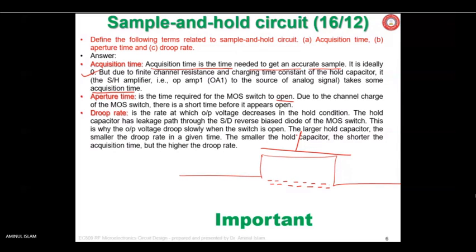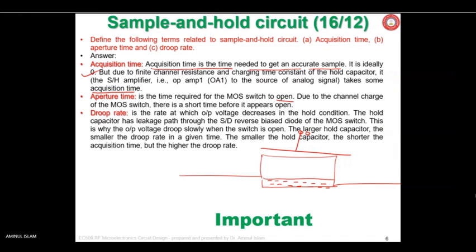And the instant you make the gate zero, during that time, see, charge is there. Okay? A lot of charges are there from here to here. That charge has to go out of the channel region, then only it will be off. So it takes a certain amount of time. Due to the channel charge, the MOSFET switch takes a certain amount of time to be off.